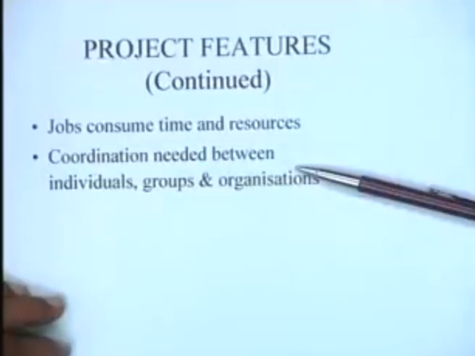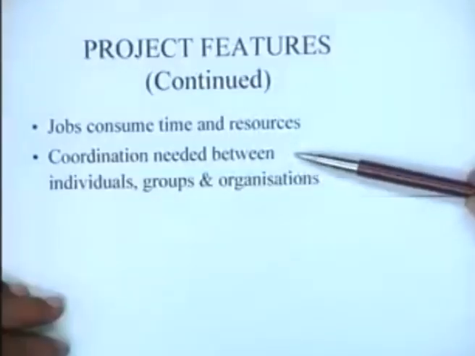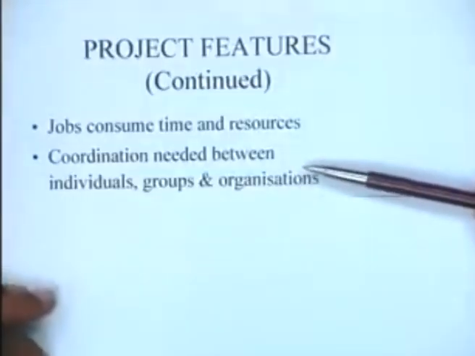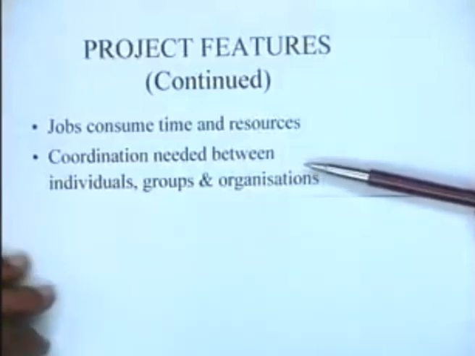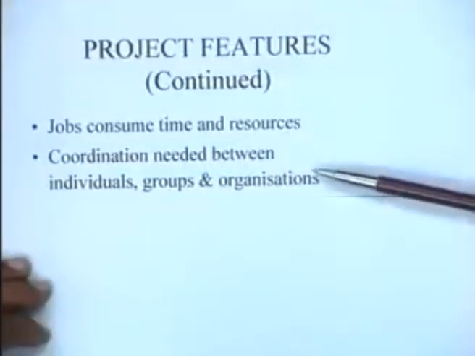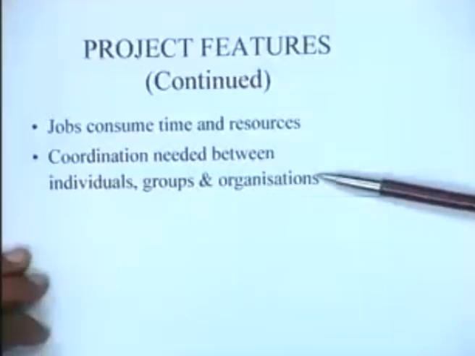For instance, in a thermal power plant, the turbines could be made by one agency, and the electrical circuitry by another agency like Larsen and Toubro, and yet all these individual jobs have to be completed before the whole project is complete. So there is a great need for coordination between the various individuals and agencies, and this is a very important skill when dealing with projects.